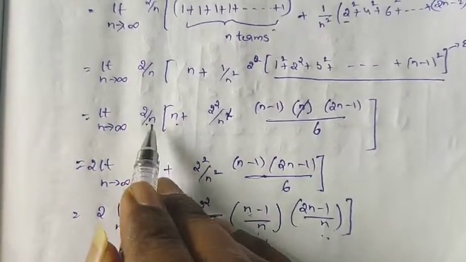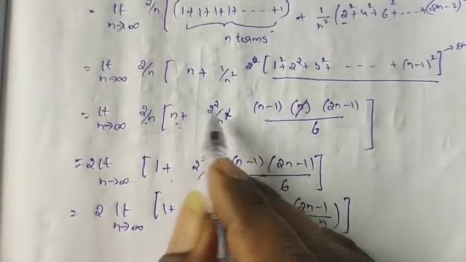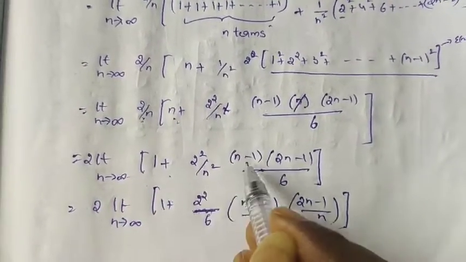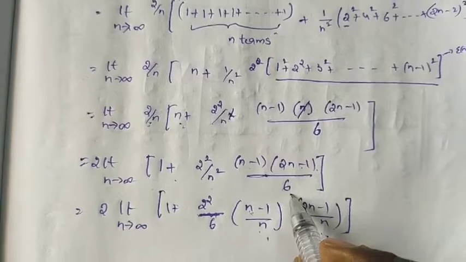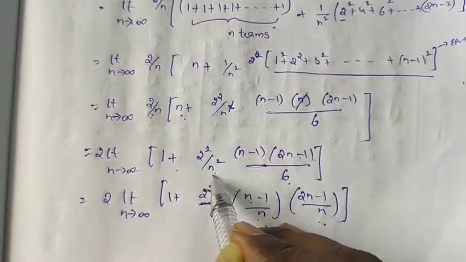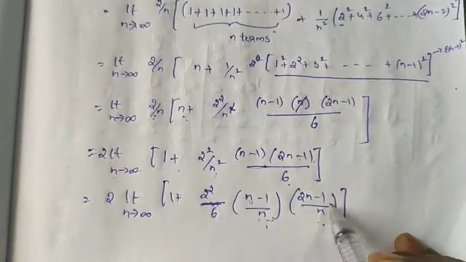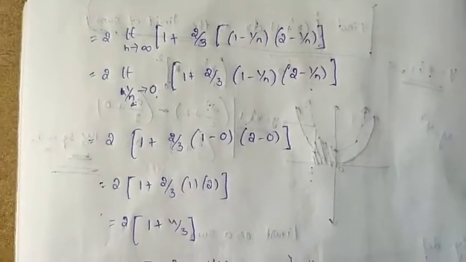This 2 is a constant, we bring it out, 1 by n carried inside, 1 by n into n is 1, and 2 square by another n square, n minus 1 into 2n minus 1 by 6. Now here n square, so each n is sent inside: n minus 1 by n, 2n minus 1 by n.